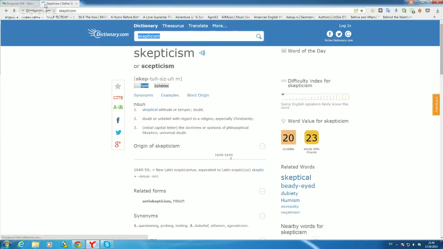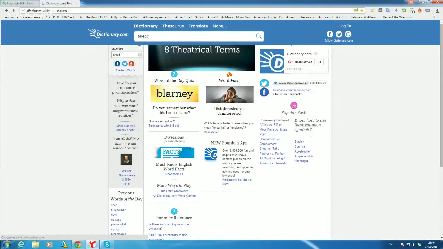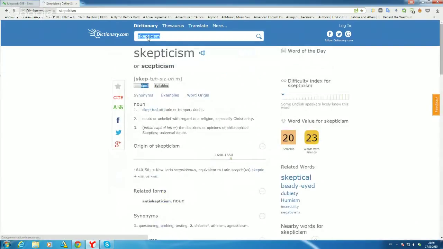Yeah, it's a weird word. Try it again. Good job. Skepticism.